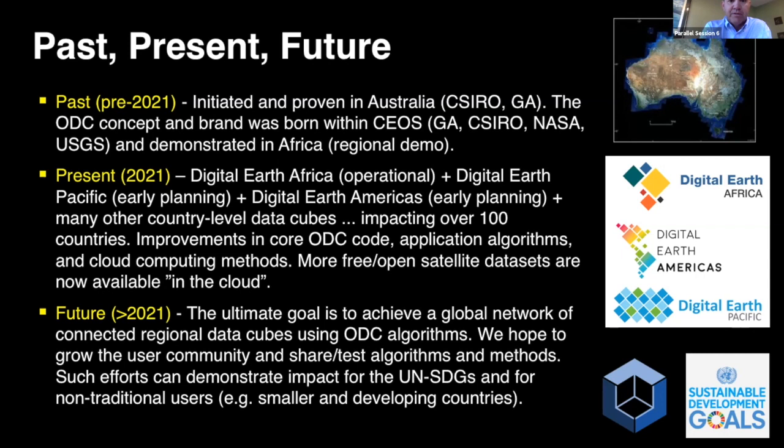We demonstrated this in Africa with a regional demo, and that has now moved on to Digital Earth Africa, which has become an entire project on its own. As you see on the right, there are now others out there. Digital Earth Pacific is in early planning stages, and Digital Earth Americas as well. So we expect some of these regional cubes to be more popular and more active in the future.